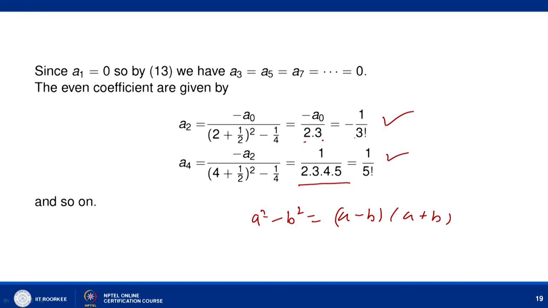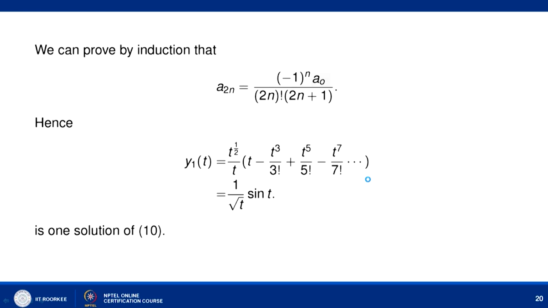So, we can write minus 1 upon factorial 3, and a_4 is minus a_2 upon (4 + 1/2)^2 - 1/4, which we simplify and write as 1 by factorial 5, and so on. So, here we can prove by induction that a_{2n} is going to be (-1)^n divided by factorial (2n+1), that you can prove.